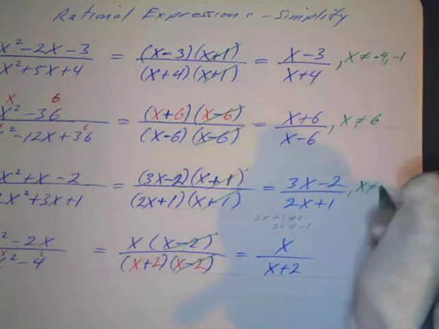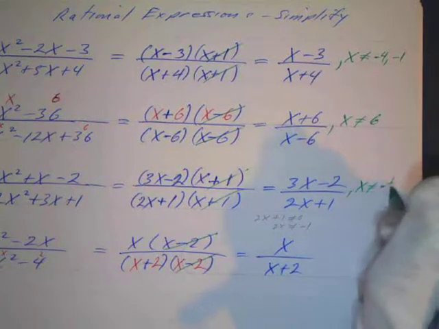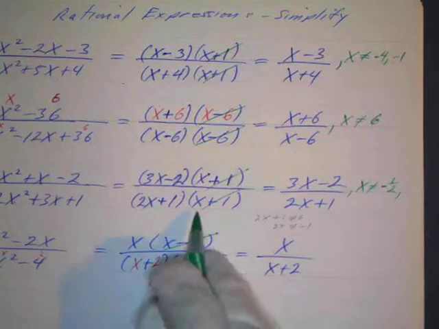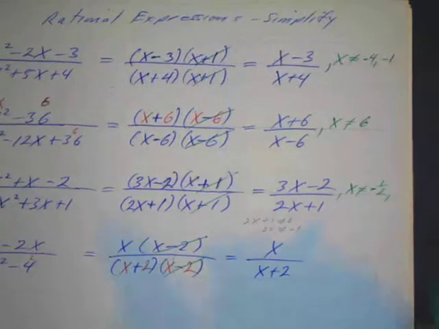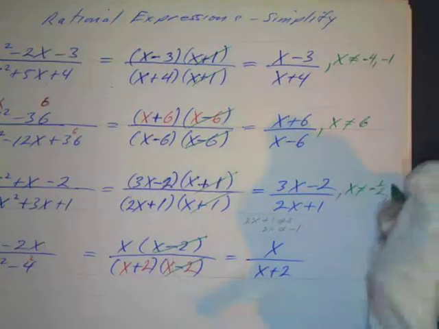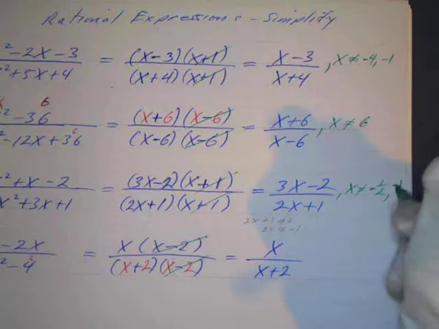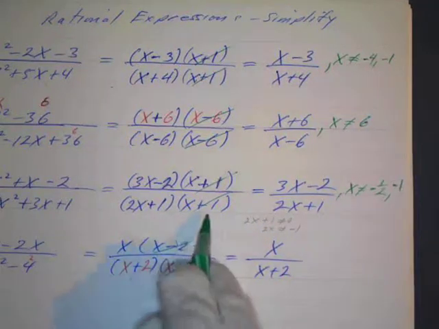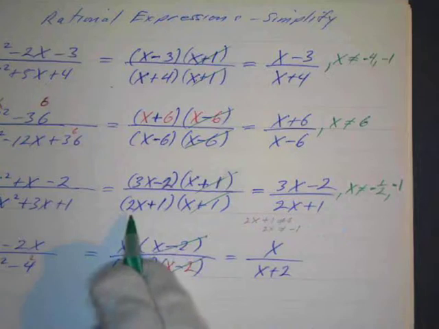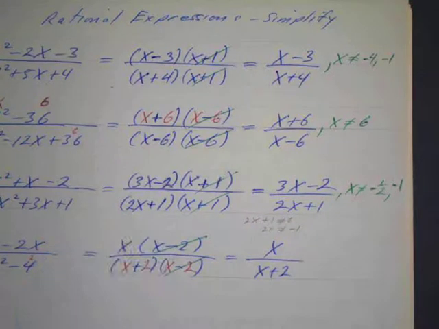So negative 1/2 is one of the restrictions, and negative 1 is the other restriction. Because negative 1 plus 1 is 0, and if I put negative 1/2 in here, 2 times negative 1/2 is negative 1, plus 1 is also 0.